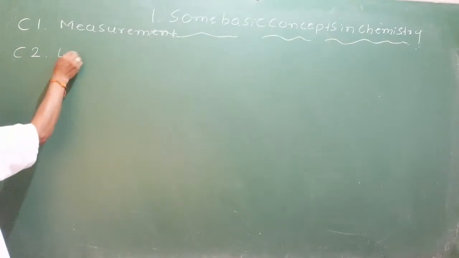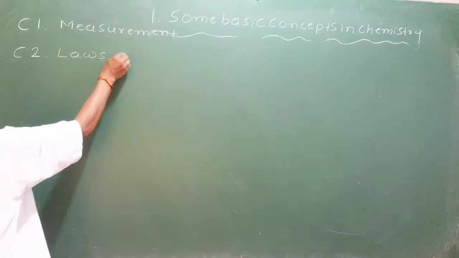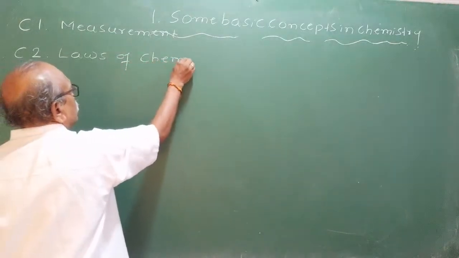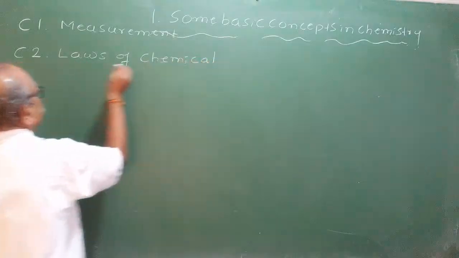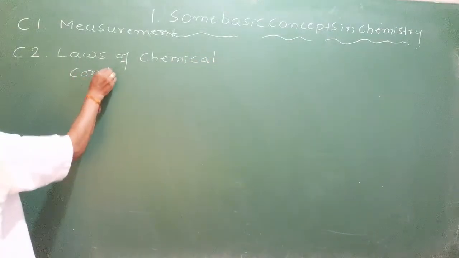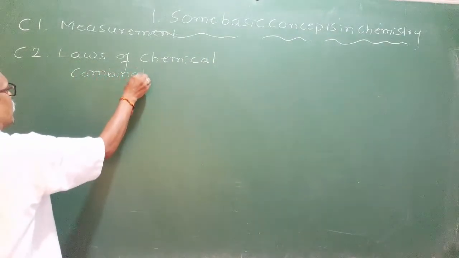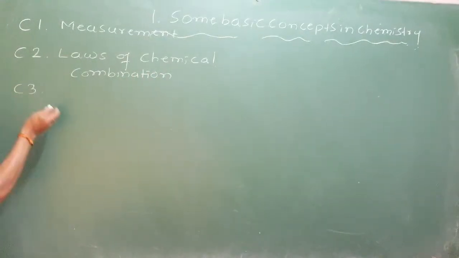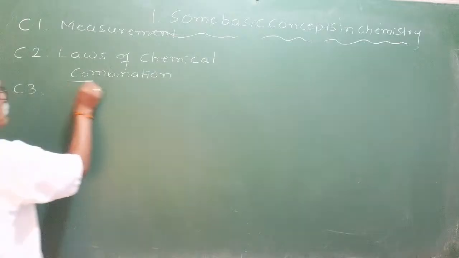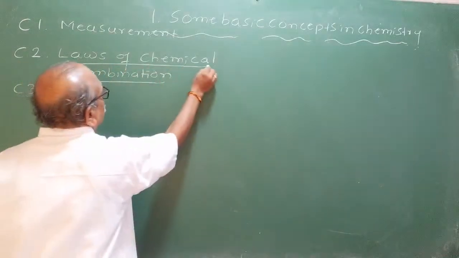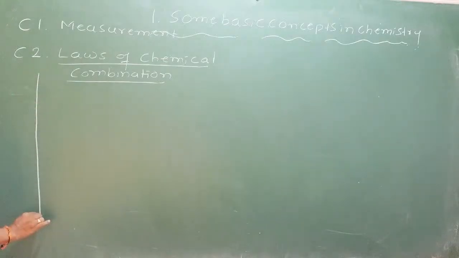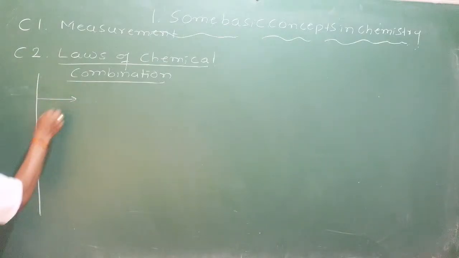Here we will be learning laws of chemical combination. In today's class we will be studying the different laws of chemical combination, and then we will study atomic weight. What are the different laws of chemical combination that were proposed?